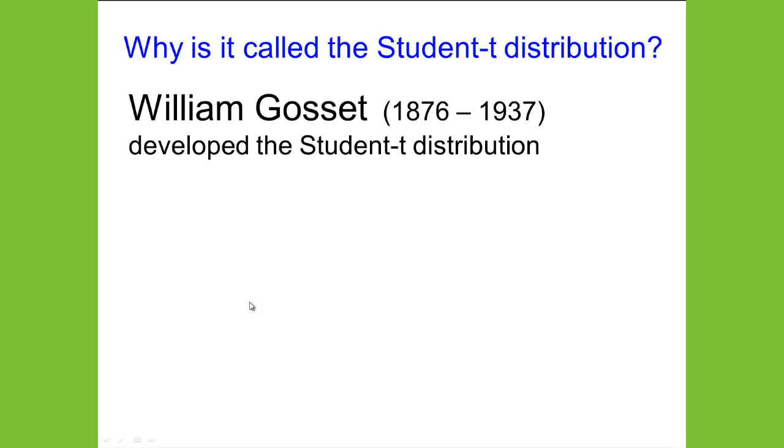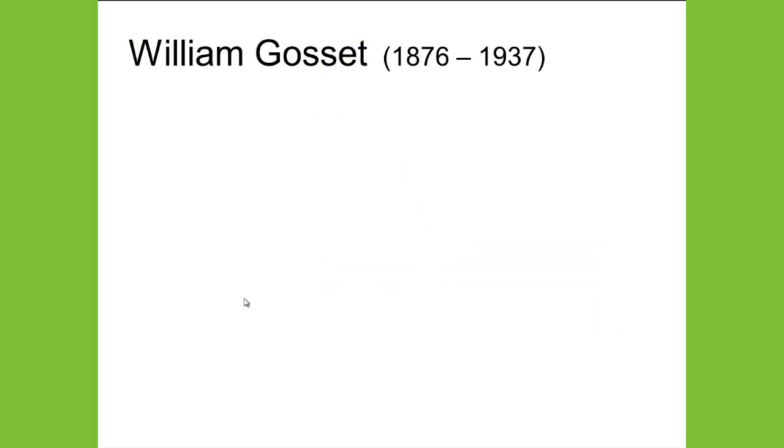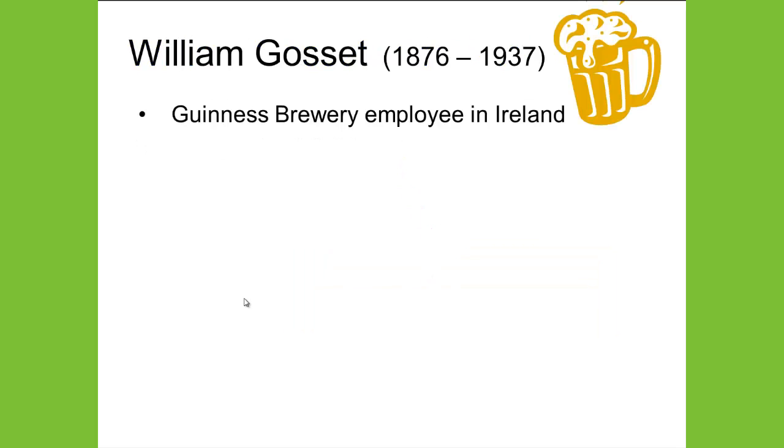Well, again, William Gossett, born 1876 and died in 1937. Why isn't it called the Gossett distribution? Well, Mr. Gossett was employed by the Guinness Brewery in Ireland.